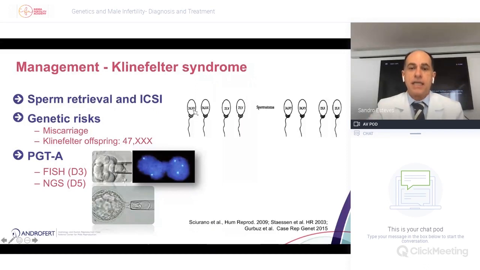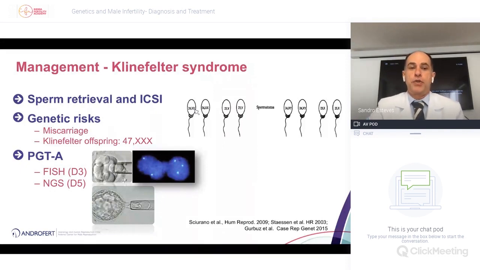Then we need to discuss with the patient if the couple would like to undergo embryo biopsy in order to identify, for instance, offspring who will be Klinefelter syndrome patients, or to avoid miscarriage, because if it's triple X, most likely this will result in miscarriage.